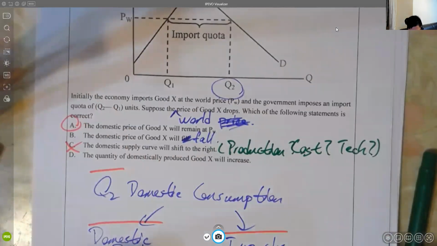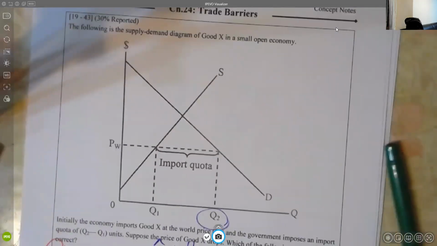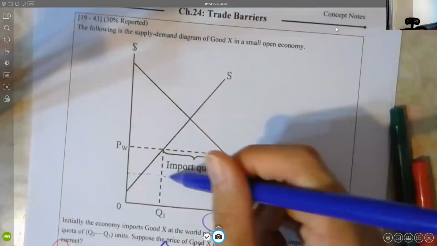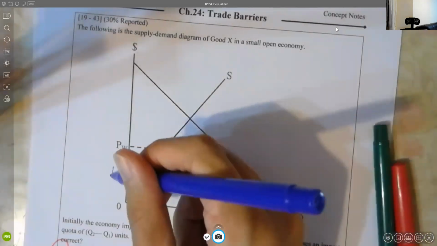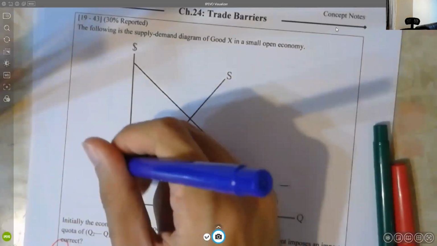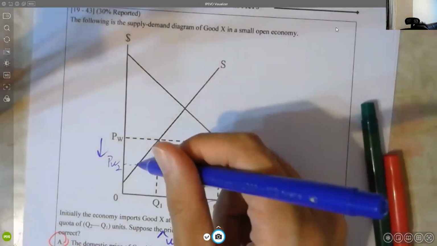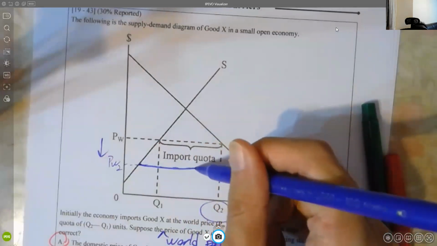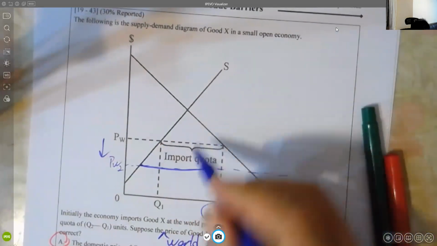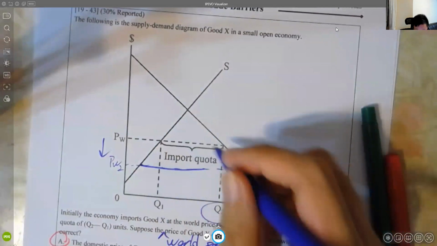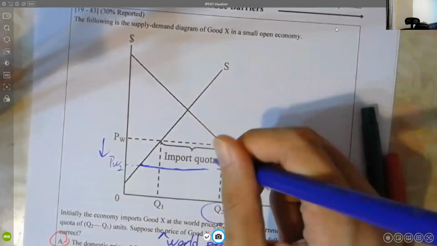Okay, now if you want the diagram, let's draw the diagram here. Let's imagine world price drops all the way to here. PW2. 好嘛？Therefore, we also have this part. Now, unfortunately, since here we have an import quota, therefore, we use it up all.